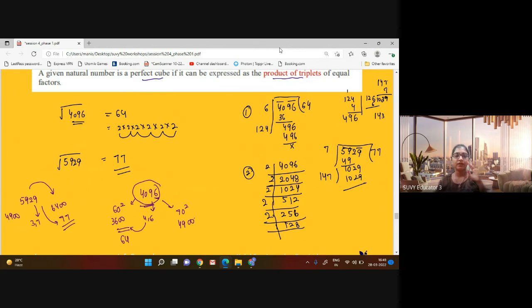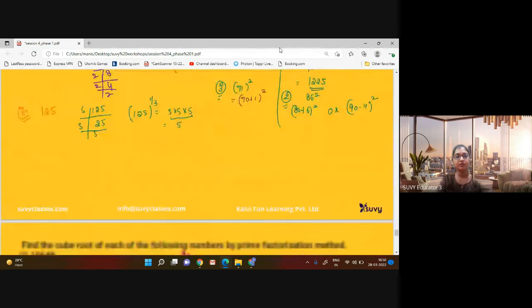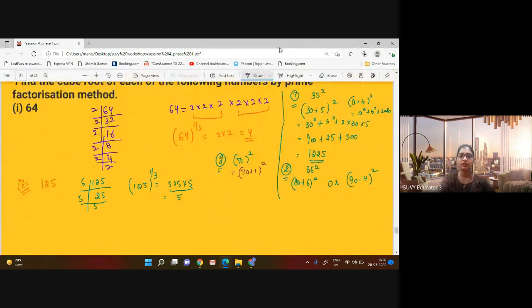Now in the same way you can think of a cube root. For the cube root, you again have to keep in mind what the unit place should be, how to include and how to exclude things. Let me show you in the case of cube root also. So you have to find the cube root of 64. You have to check it's the cube of which number.